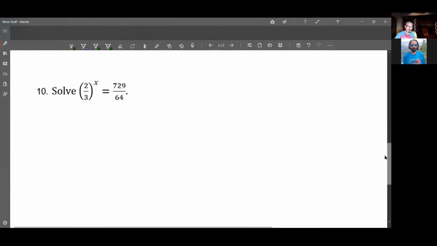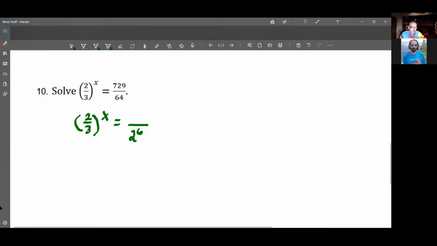You may notice that 64 is a power of 2. It's 2 to the 6th equals 64. So you might hope that 729 is a power of 3.